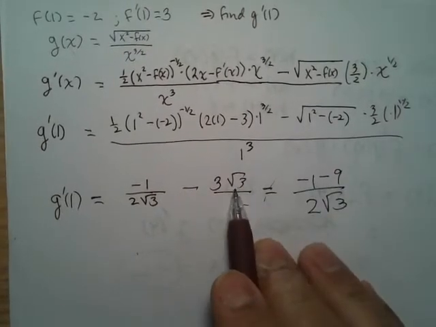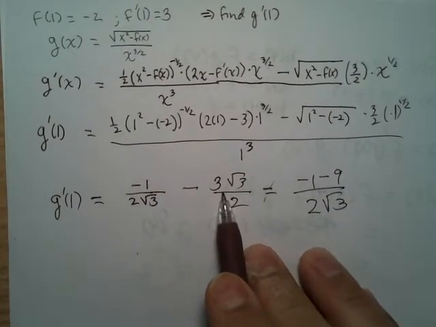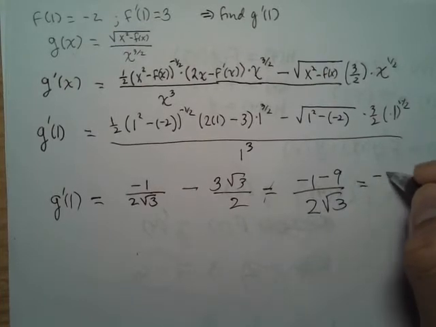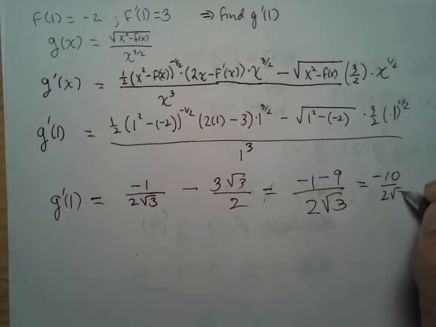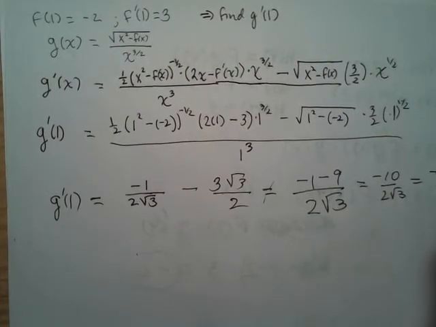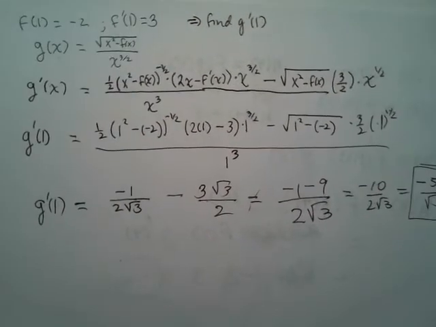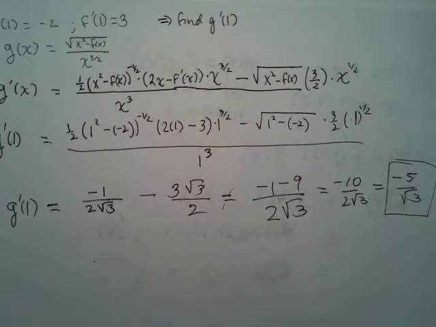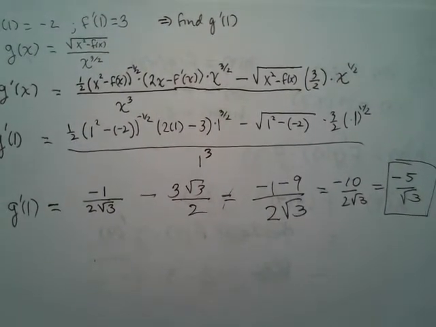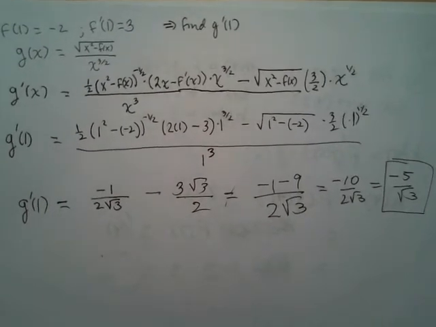Right? Root 3 times root 3 is 3, times this 3 here is 9. 10 over 2 root 3. And then we reduce our fraction to get negative 5 over root 3. Okay, and that is how you would take the derivative of this function.